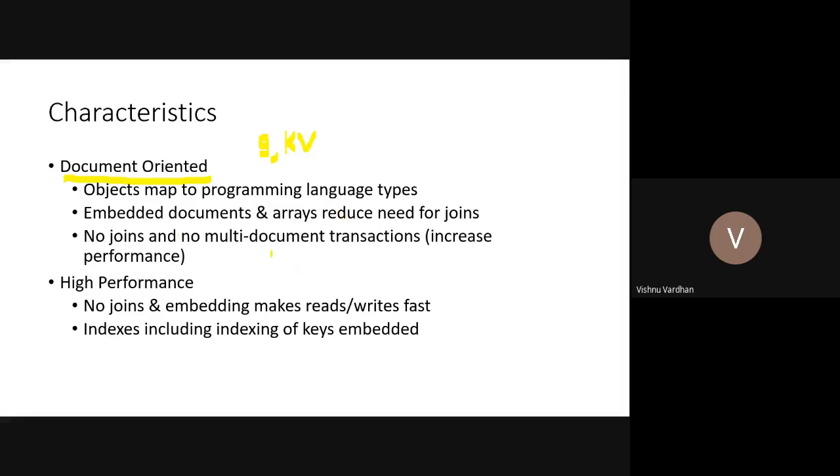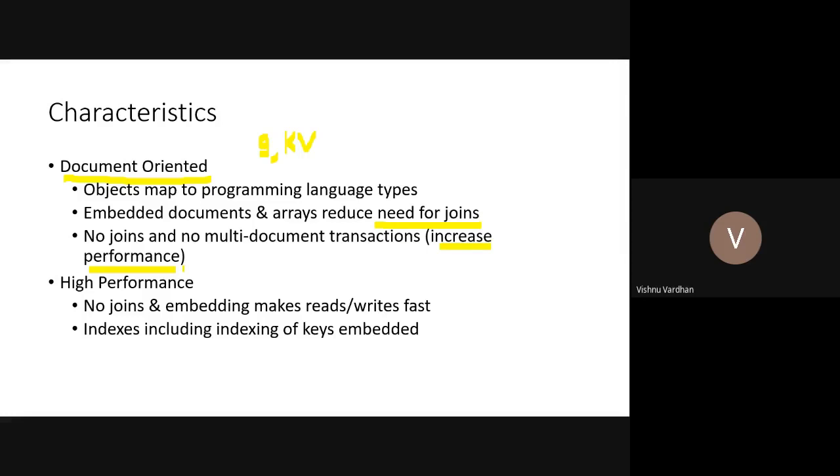And embedded documents and arrays reduce need for joins. Okay, so we don't have to use the joins in the MongoDB. No joins and no multi-document transactions are there. So thereby we are actually increasing the performance. Whenever you are pulling out the data from a couple of tables in the RDBMS, you are actually processing very heavily on the database server, because it has to pull out from the first table as well as pull out the information which is as per the selected query.